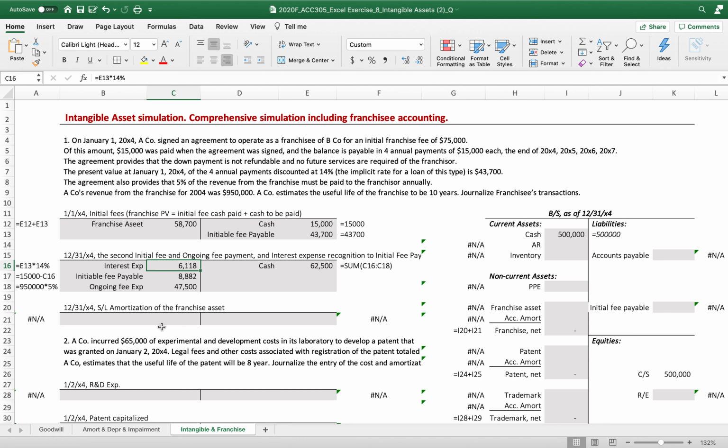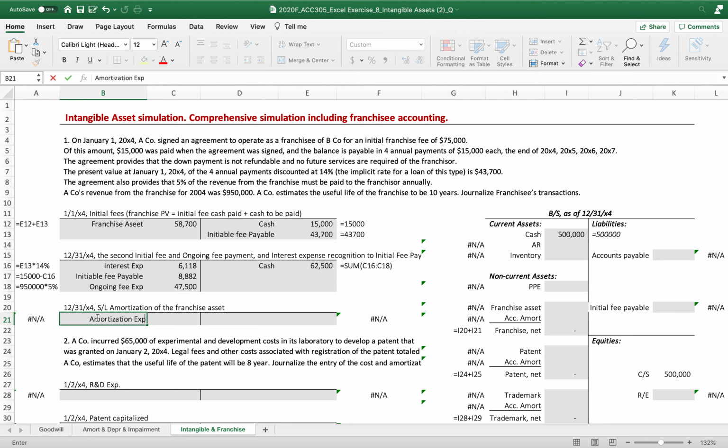Now, let's do the amortization of the franchise asset. Why? Because this franchise asset should be amortized when the company uses this benefit. Then let's do this work together. How do we recognize it?